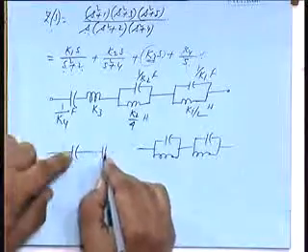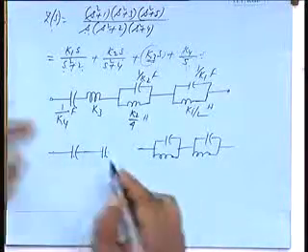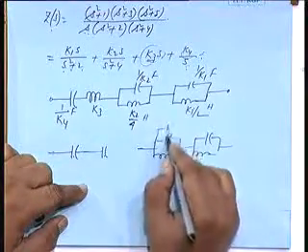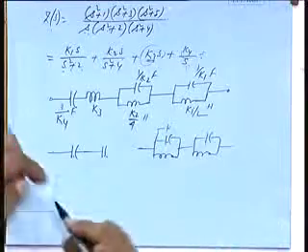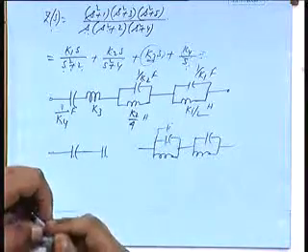It is not possible. If I put a capacitance here, I could have added them together. I cannot put a capacitance here, then I could have added this together. So I cannot have more than 3 capacitances if there are 2 inductances, to get a canonic form. That will not be a unique function. If I put a capacitance here, I find the overall ZS, and that ZS I can realize.